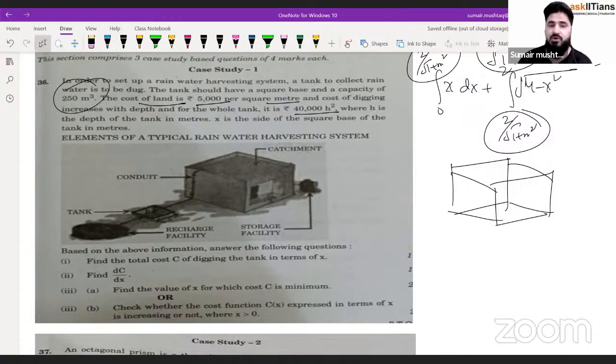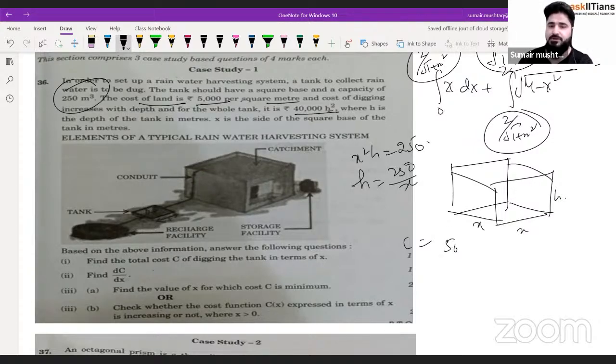So its height is h and its base is x. Its volume will be x²h, that is 250, so h will be equal to 250 by x. You can use this. Now its cost. I will just do the first part, the rest we can do. It is x² times 500 per square meter, that is for the land.